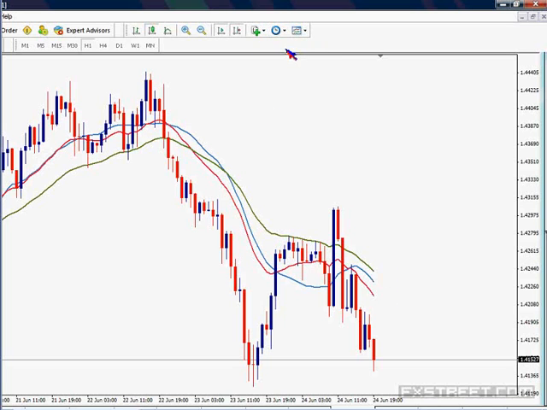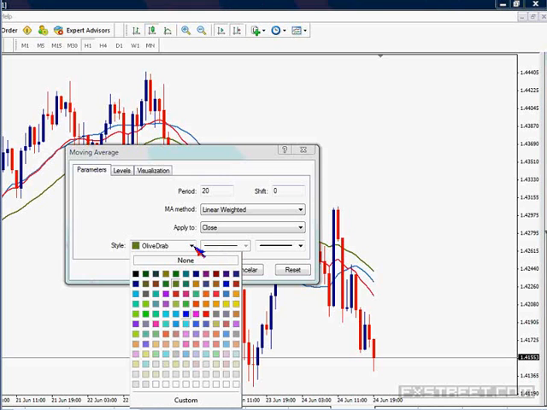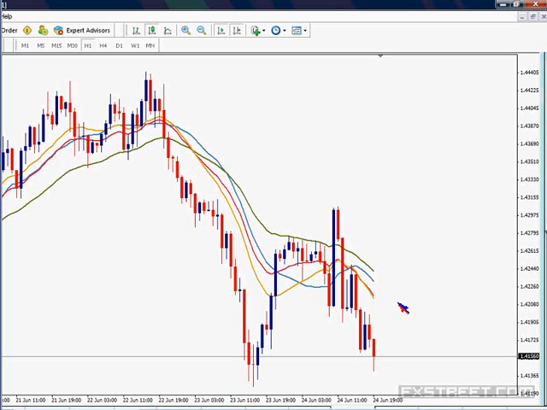And finally, we have the fourth moving average, the linear weighted, which is in orange, okay? The orange one is pretty much like the exponential one because it tends to smooth the simple moving average, again giving the latest data more weight than earlier data.